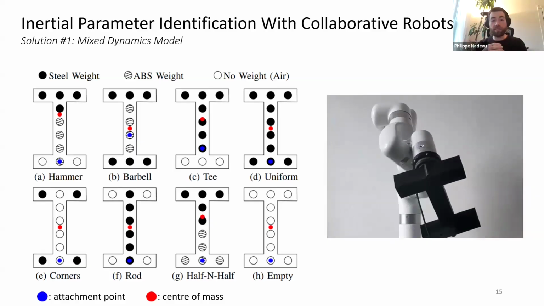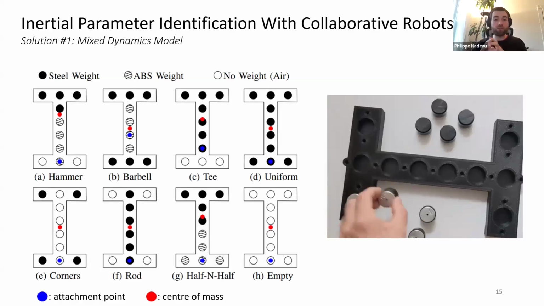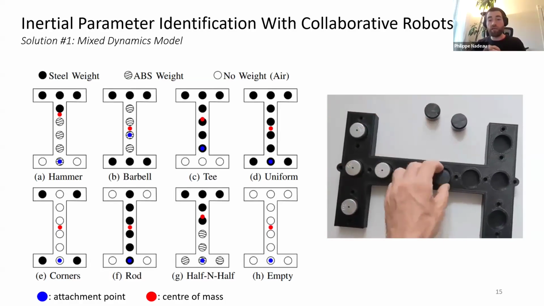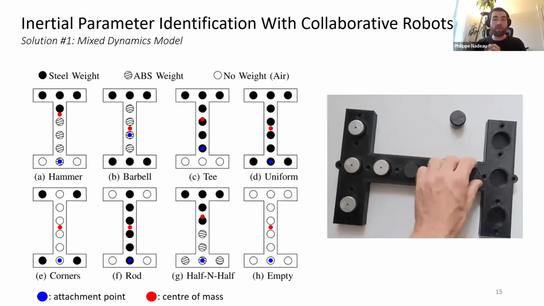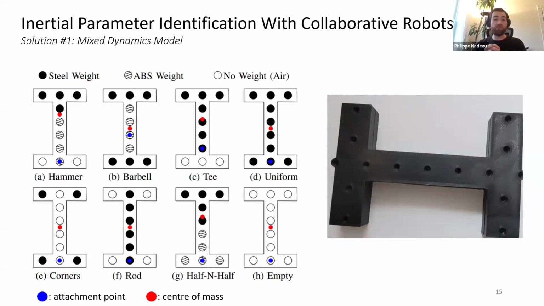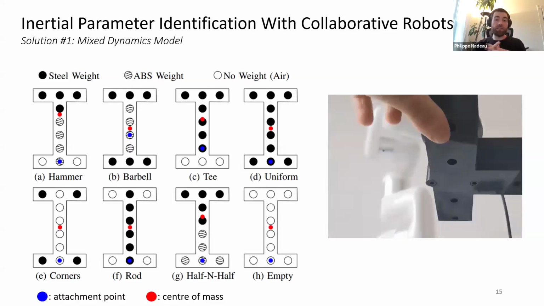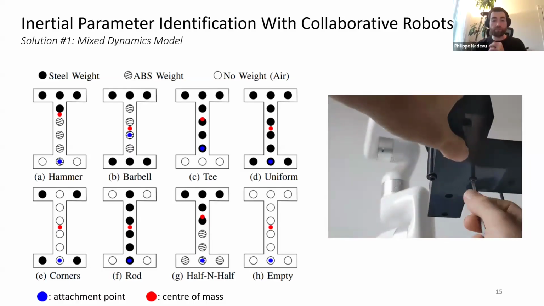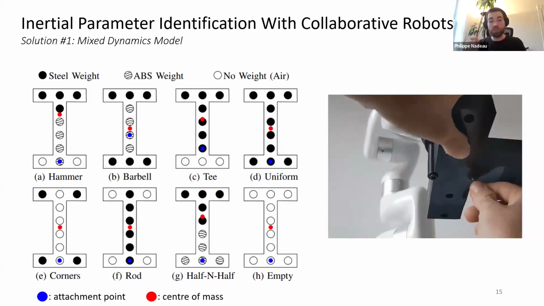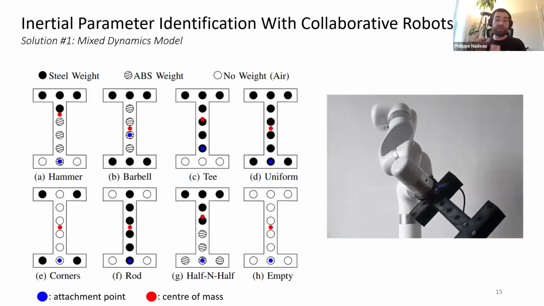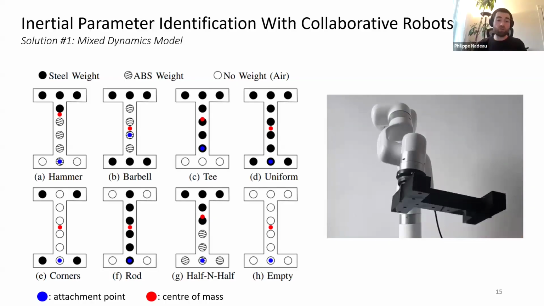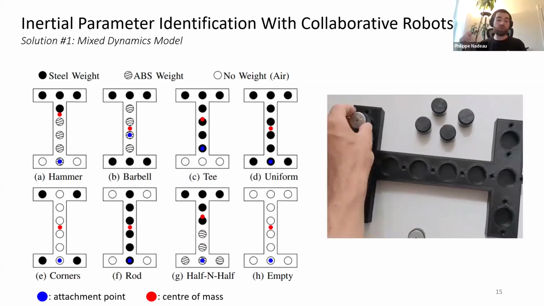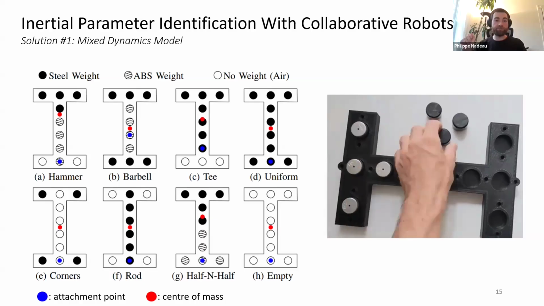So I designed and built a modular test object that is composed of a 3D printed frame in which weights can be precisely placed in a great variety of configurations. And so for each tested configuration, I attached the test object to the force torque sensor of the robot before performing a short identification trajectory.